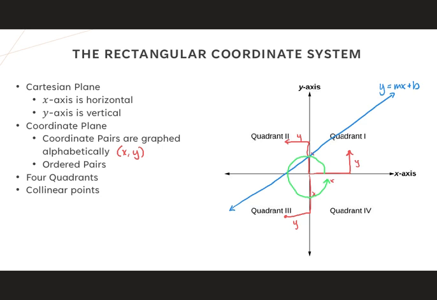And the last thing that we can really talk about that links these things in red to the things in blue is this idea of points being collinear. Now, points are only collinear if there are 3 or more points that can be joined by a single line.